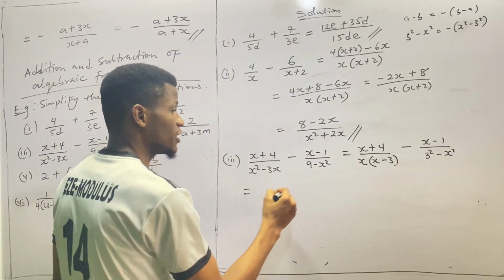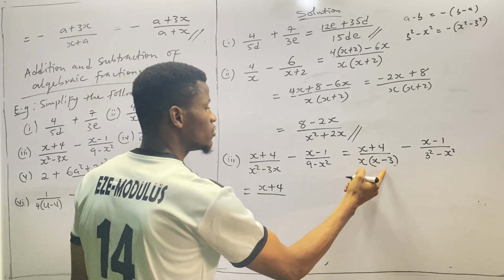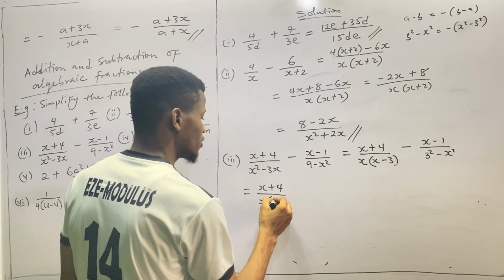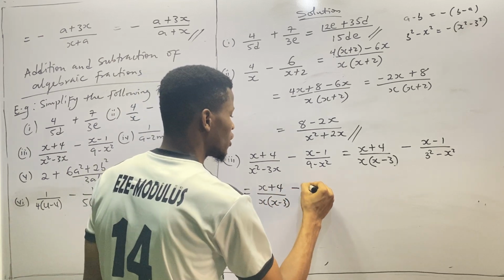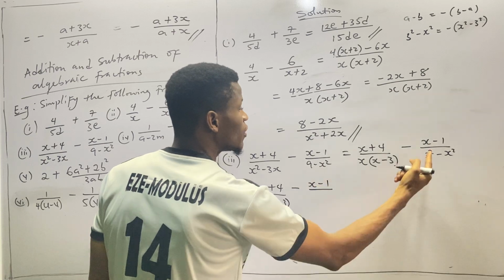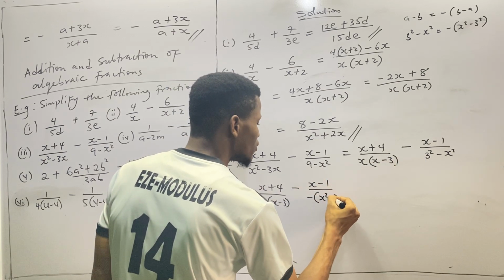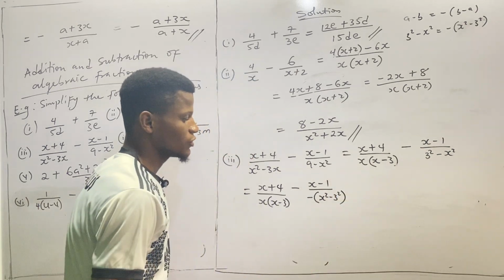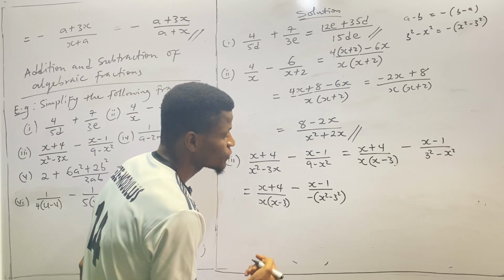So if we do that, we have x plus 4 over x into x minus 3, then minus x minus 1 over, we'll bring out the minus, so minus x squared minus 3 squared. So of course we can take this minus up here, all right?